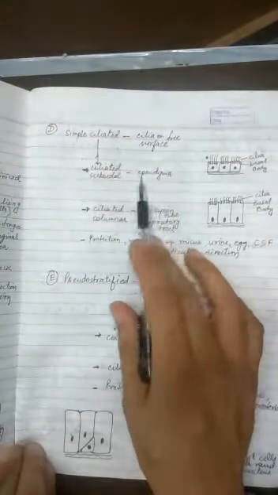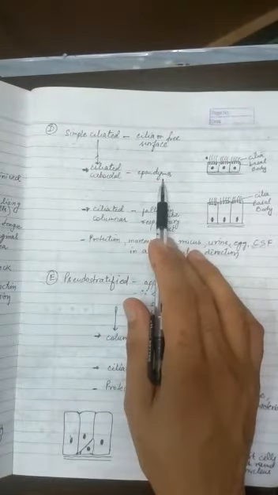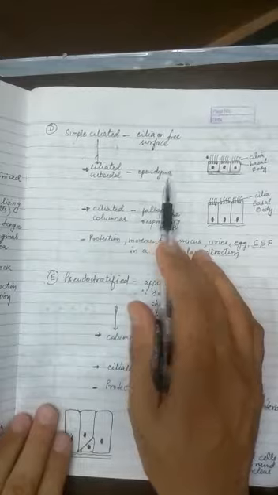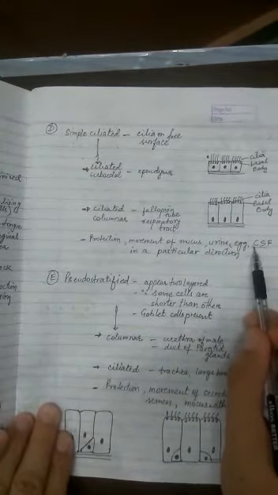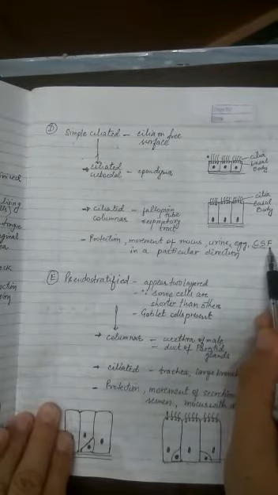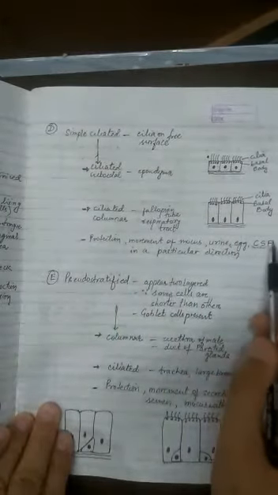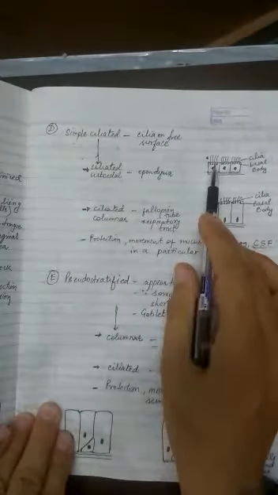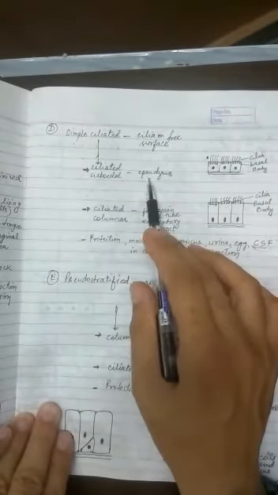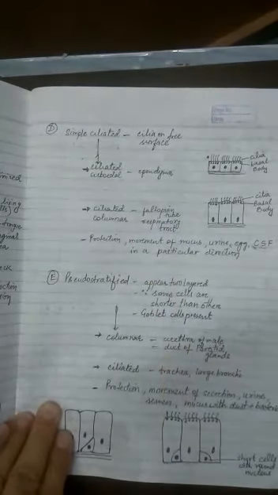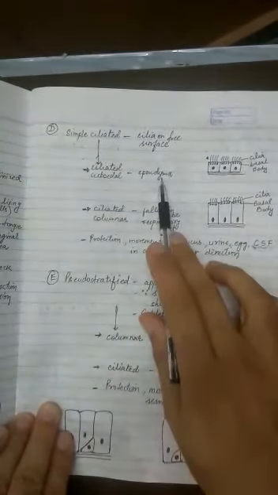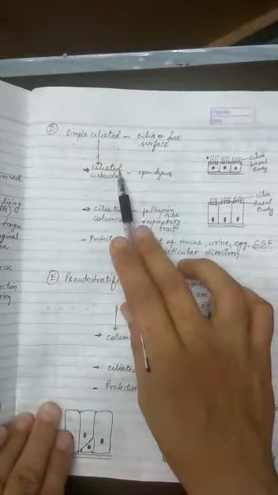So there are cells which are part of nervous tissue. These cells cover the cavities which carry the cerebrospinal fluid. And why is this fluid moving? Because the cilia which are part of ependymal cells move. When the cilia move, the fluid also is going to move. So ependymal cells are an example of ciliated cuboidal epithelium.